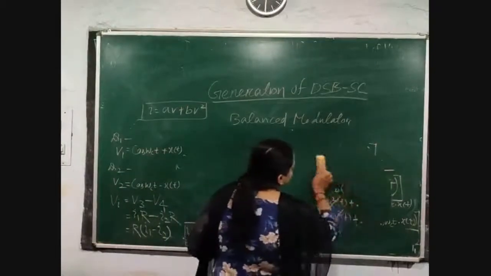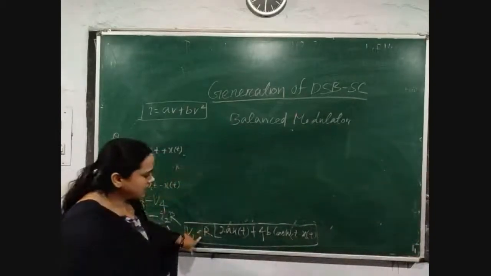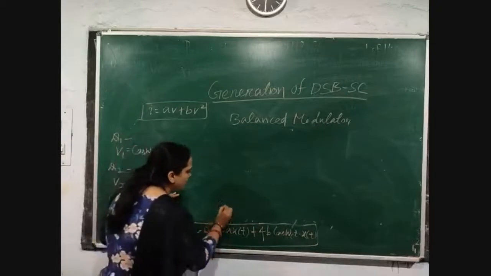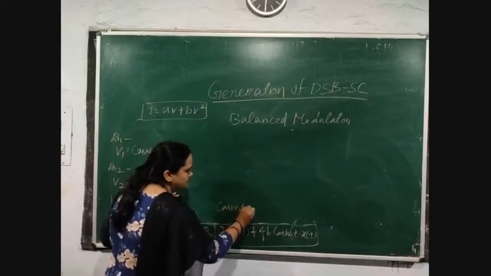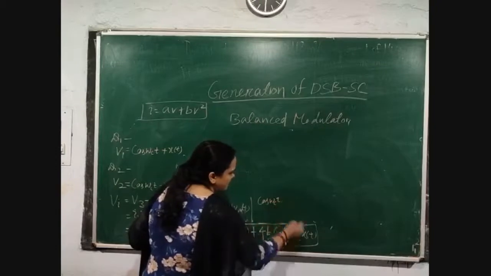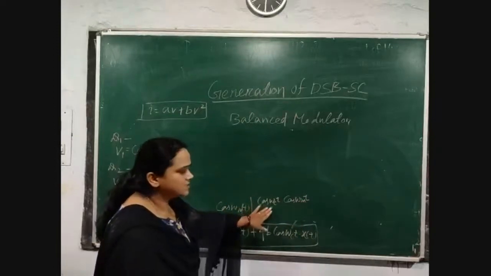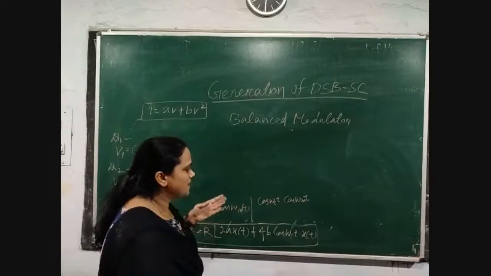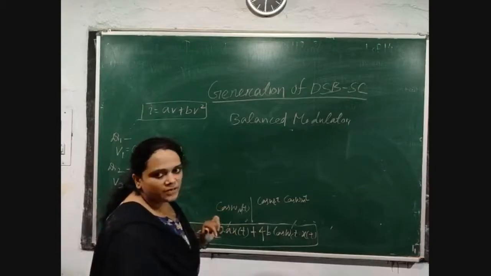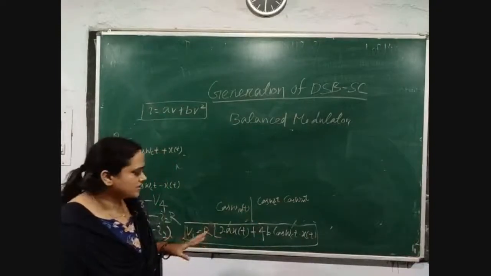As we know, the DSB AC signal contains only sideband, but this equation contains two terms, that is 2A x of t, where x of t means the modulating signal cos omega mt, and here cos omega ct into x of t, where x of t means cos omega mt. If we apply the mathematical formula, that is cos A into cos B, then we get cos omega c plus omega mt plus cos omega c minus omega mt. So in this term we get both upper sideband and lower sideband.